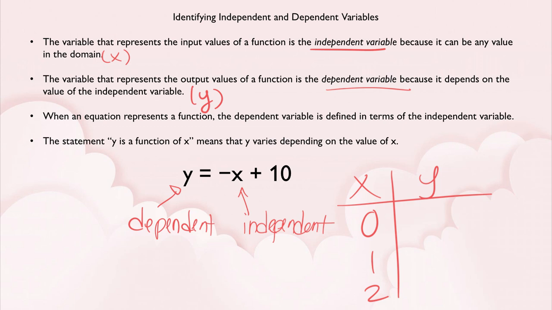In other words, it doesn't matter what I use for x. Whatever number I plug in for x is going to be independent. But my y is going to depend on what number I use.